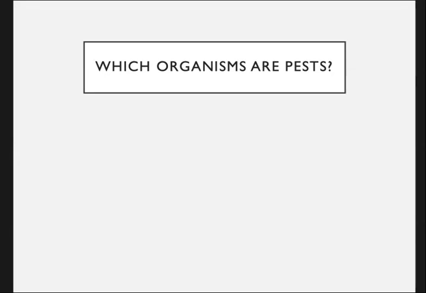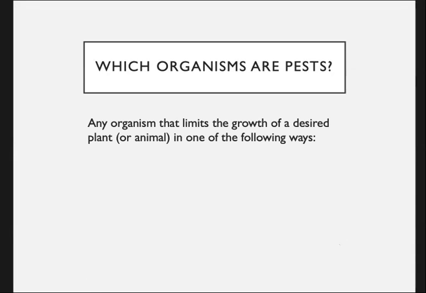But in order to be considered or characterized as a pest, that organism has to, by definition, limit the growth of a desired plant or maybe animal in some way.